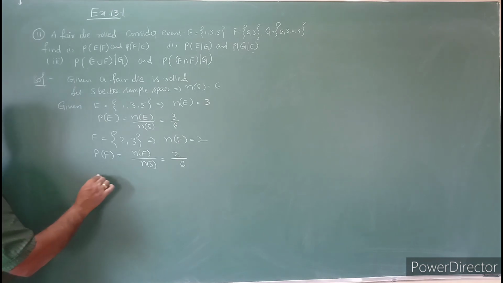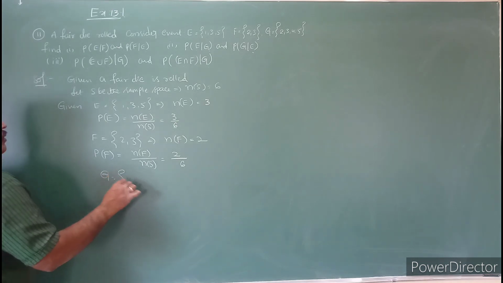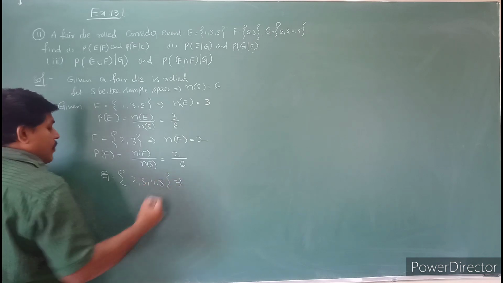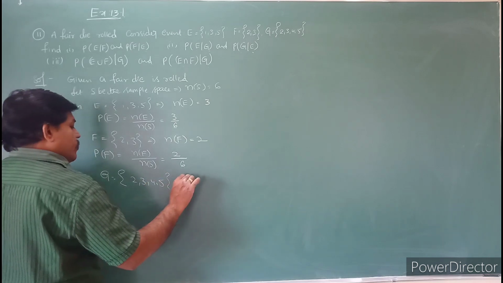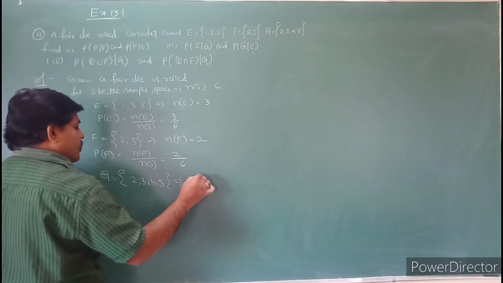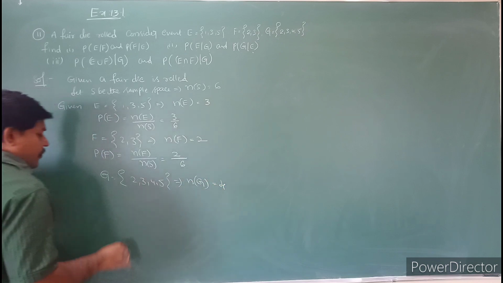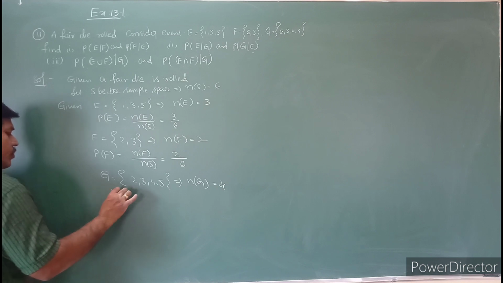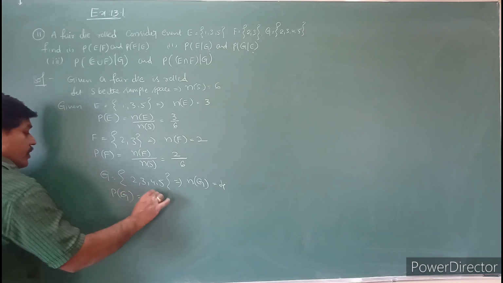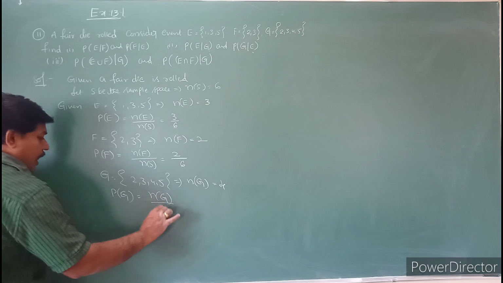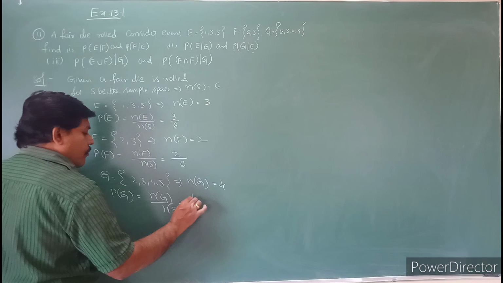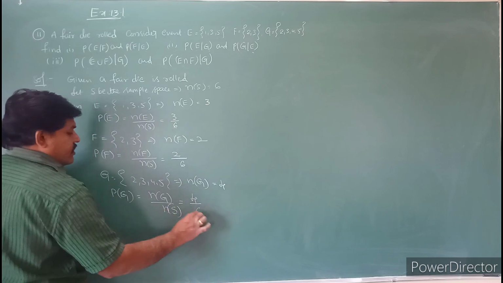Similarly, G is equal to {2, 3, 4, 5}. So that implies N of G is equal to 4. So probability of G is equal to N of G by N of S, that is 4 by 6.